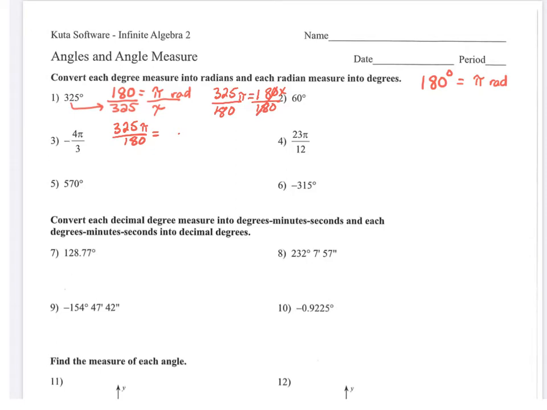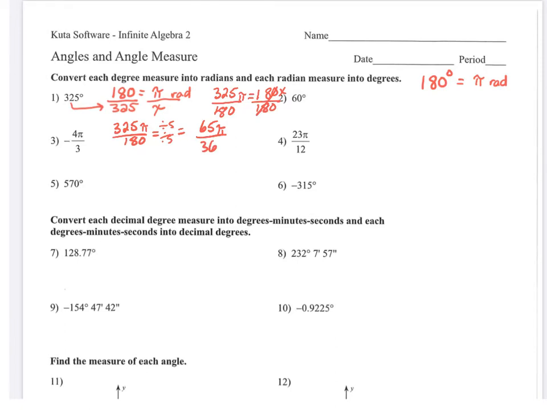So if I divide both by 5, divide by 5, it gives me 65 pi divided by, and then 180 divided by 5 is 36.